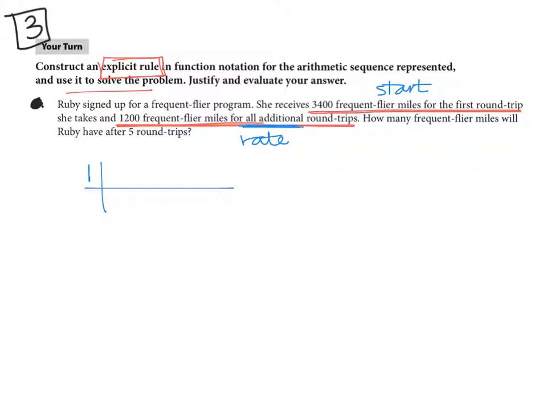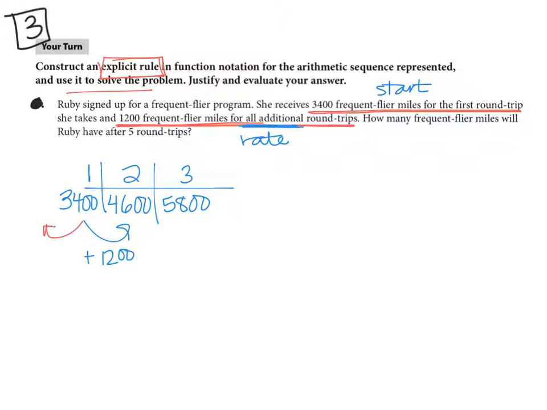So for the first one, she has 3,400. And then for each additional one, we're going to be adding 1,200. All right, that means for the next one, I'm going to have 4,600, and then if we add 1,200 again, that's going to give me 5,800. But remember, mathematicians start at 0, so that's why it's important here to make a table so you don't forget to count backwards.